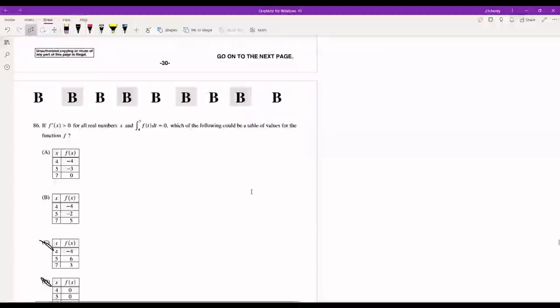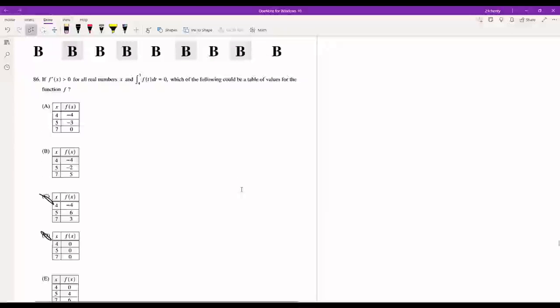And now the other thing is that from 4 to 7, the definite integral of the function is equal to 0. Which means that there must be positive and negative values that cancel out to equal 0.